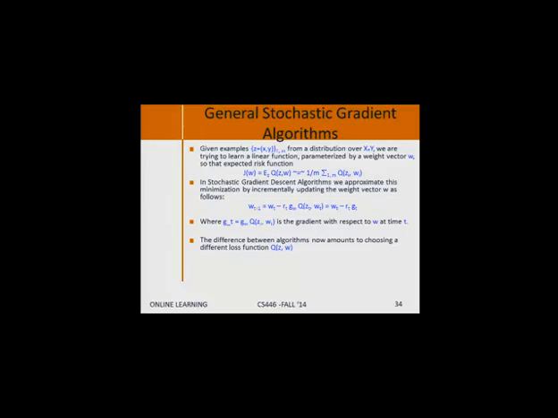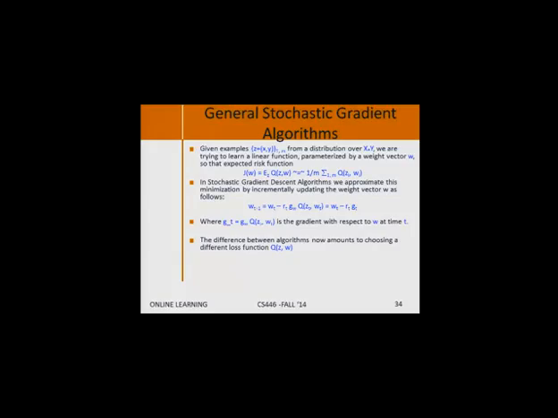Now, in stochastic gradient descent, we agreed that the way we're going to do it is by incrementally updating the weight, step by step, and this is how we update the weight. The weight at time t plus 1 is the weight at time t minus some constant times the gradient of our loss function. That's what we said.